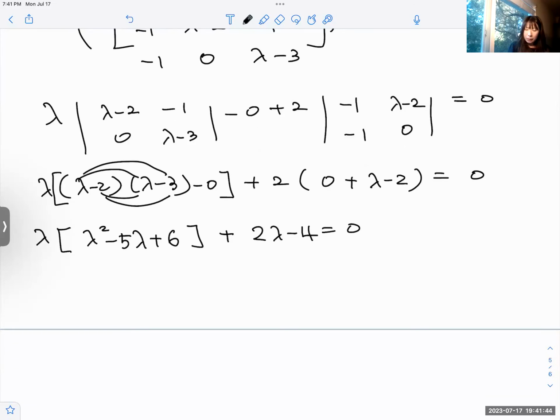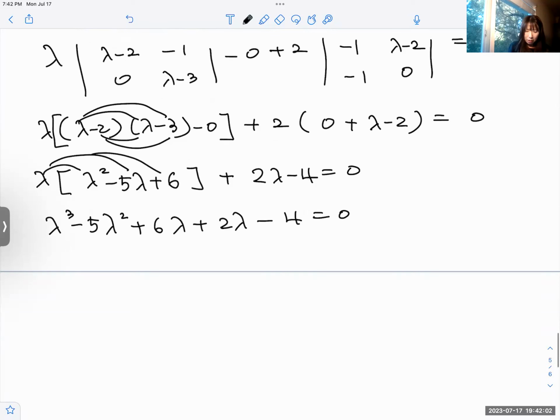Okay, now we distribute. So we get lambda cubed minus 5 lambda squared plus 6 lambda plus 2 lambda minus 4 equal to 0.